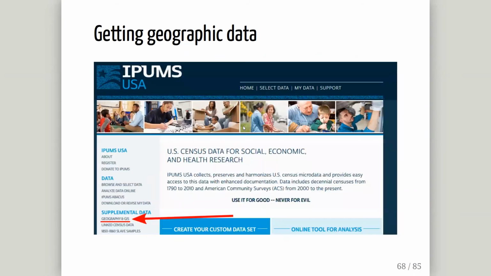So the first key question is, where do you get these geographic shapefiles? You don't get them as part of your extract, except with NHGIS. You've got to go to the homepage of the project, like IPUMS USA, look on the left side, and you'll see a link for geography and GIS. That's where you can download the shapefile in a zip archive and unzip all the contents into one directory.